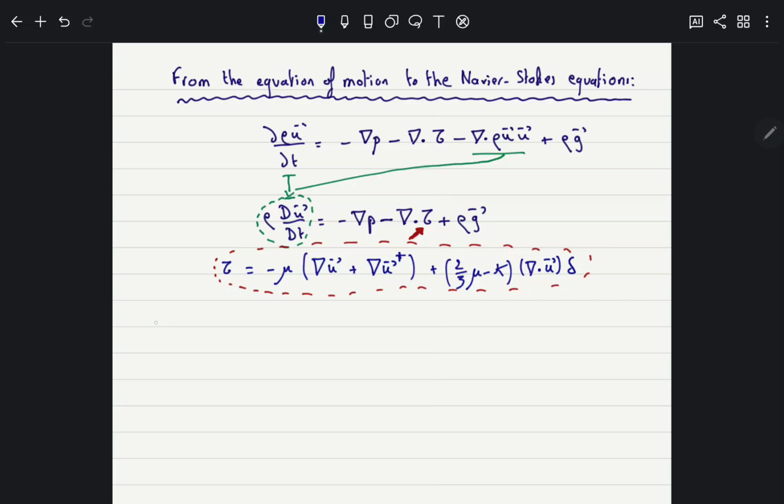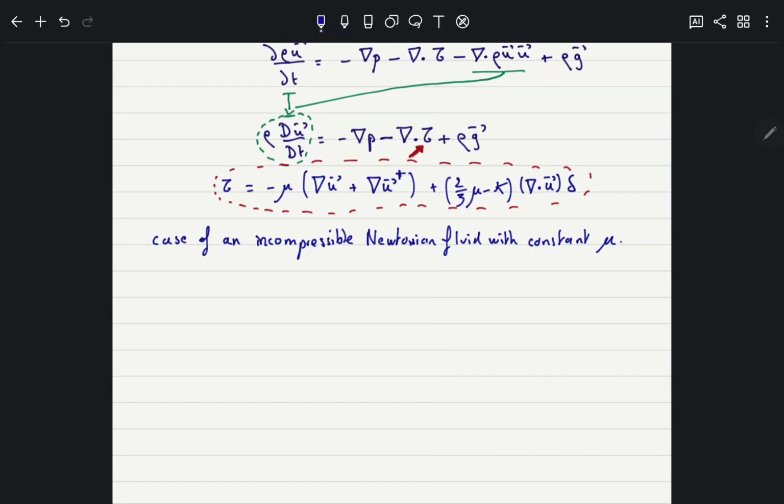Okay, so let's write there: case of an incompressible Newtonian fluid with constant viscosity.